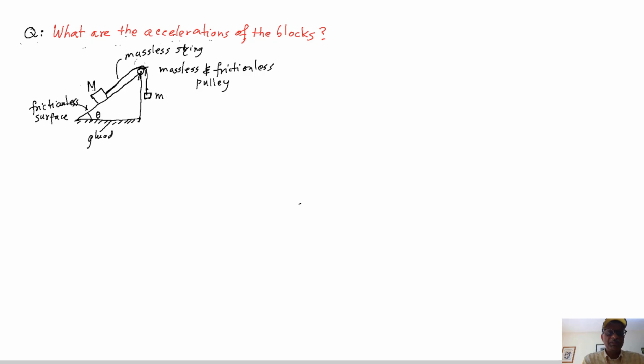So there are a whole bunch of things to mention that this problem assumes, and if they were not true, the solution I'm about to give will not be correct. Let's go over them one by one. The string is massless.